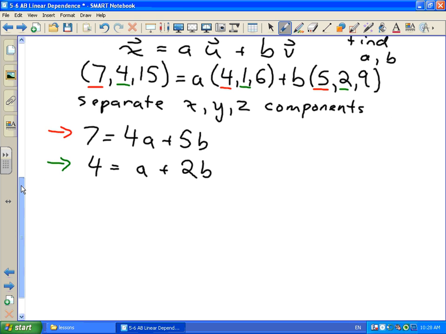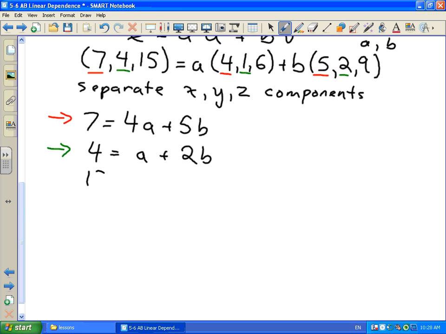And if we look at our z components, we're going to have 15 equals a times 6, or 6a, plus b times 9, or 9b.